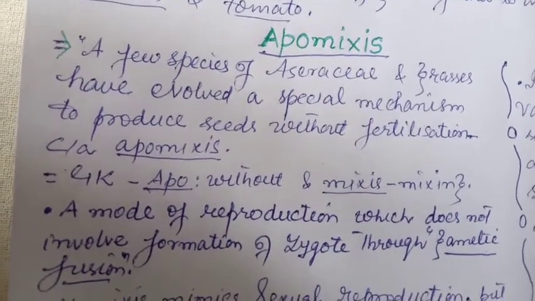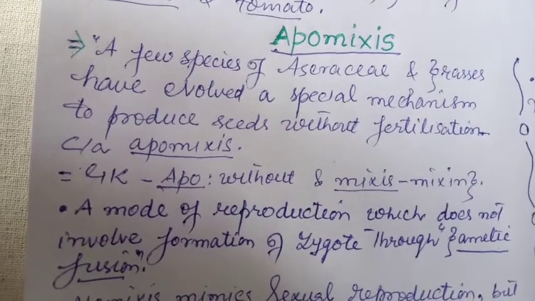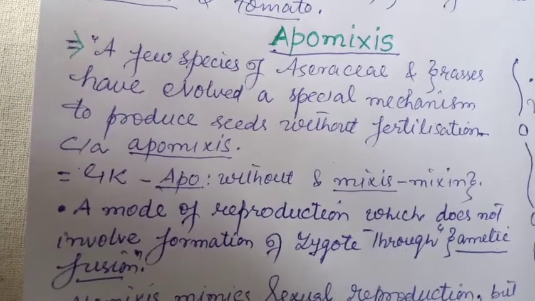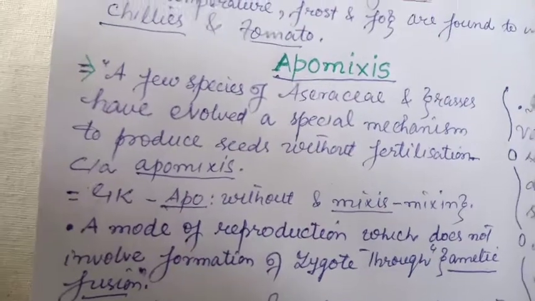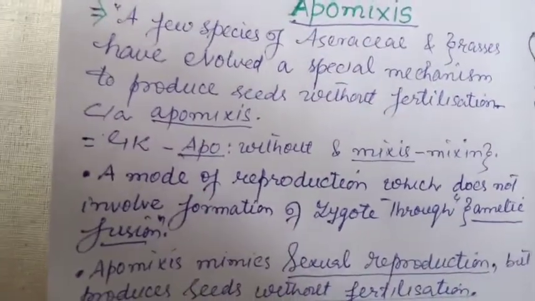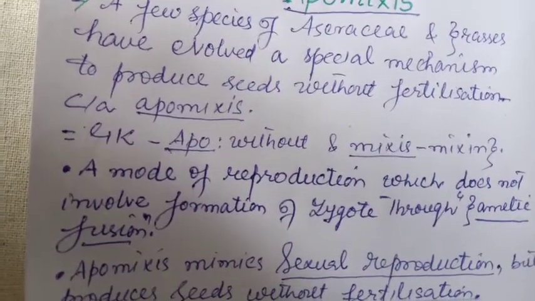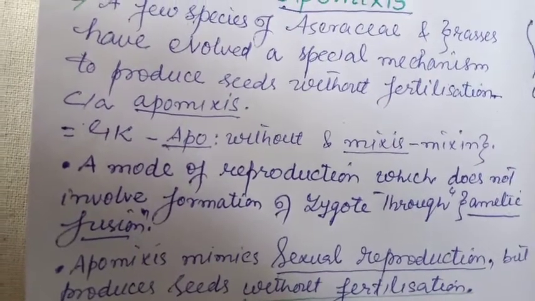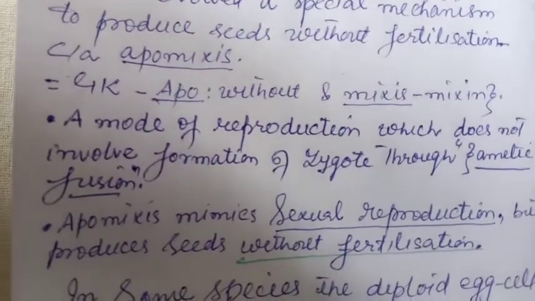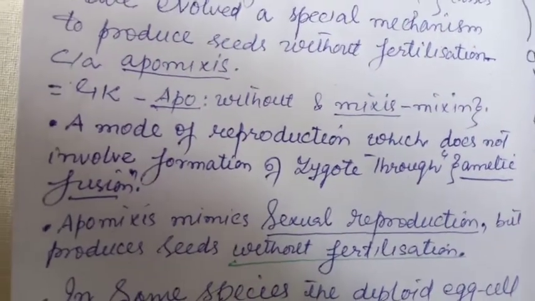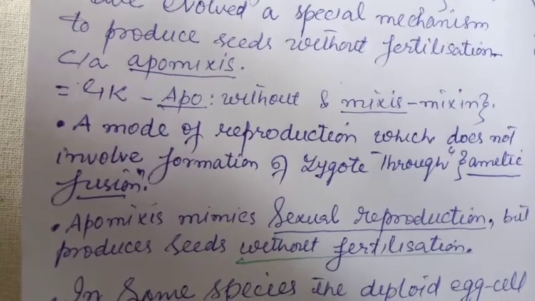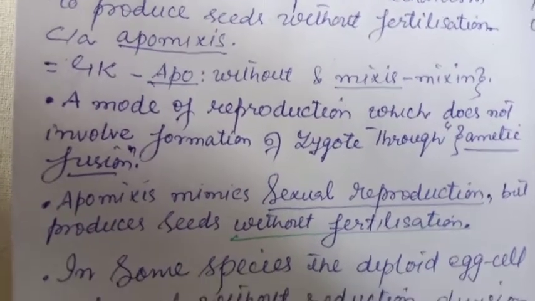Apomixis has also been derived from Greek apo, meaning without, and mixis, mixing. It is a mode of reproduction which does not involve formation of zygote through gametic fusion. Apomixis mimics sexual reproduction but produces seeds without fertilization.